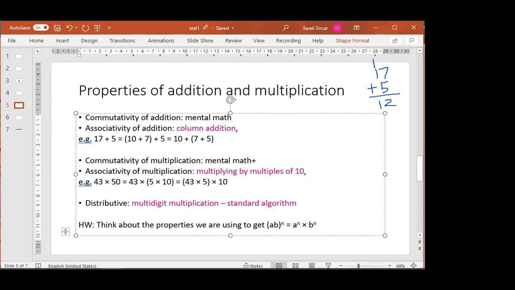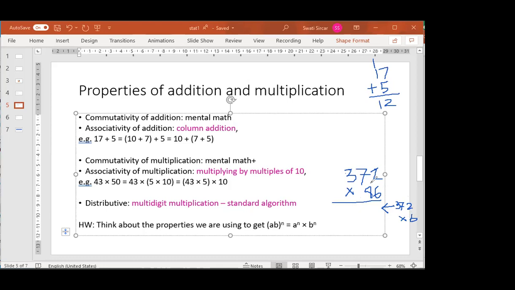So, for example, when we are doing, let's say, 372 times 86, what comes in the first line is 372 times 6.